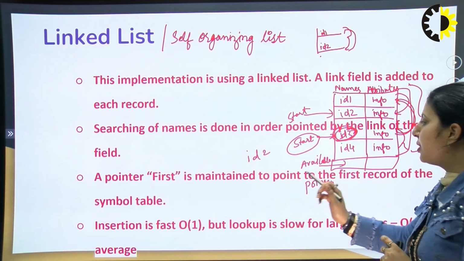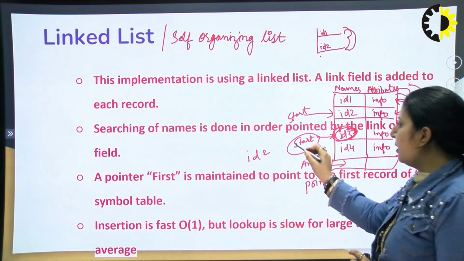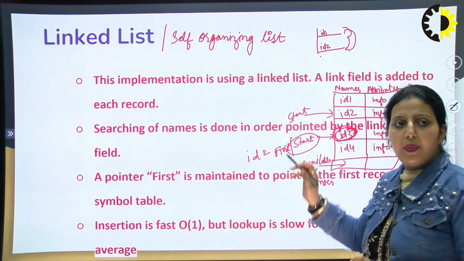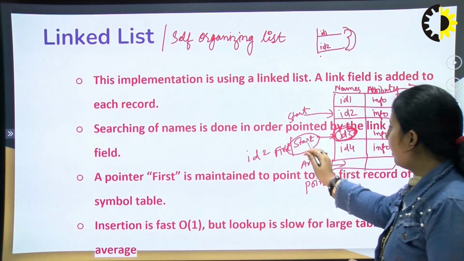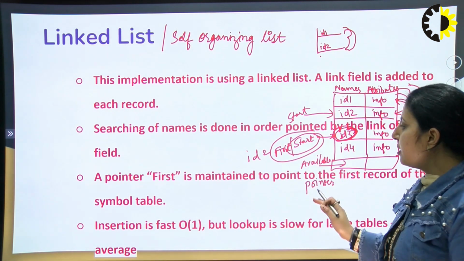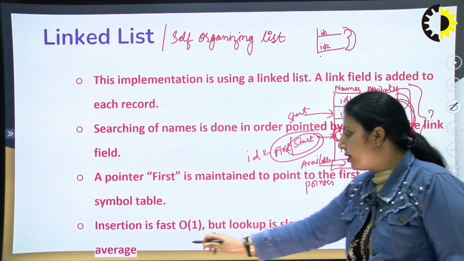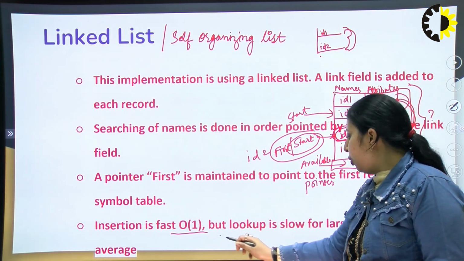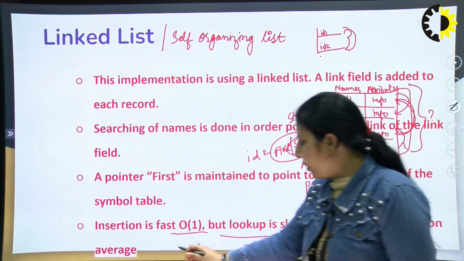A pointer first is maintained to point to the first record of the symbol table, either called start or first, which means the symbol table starts from here. In this implementation the insertion is fast, that is O of 1, but lookup is slow for large tables, that is O of n on average.